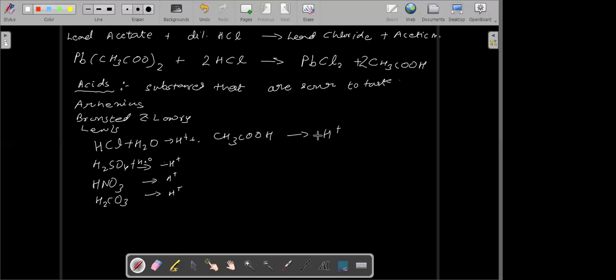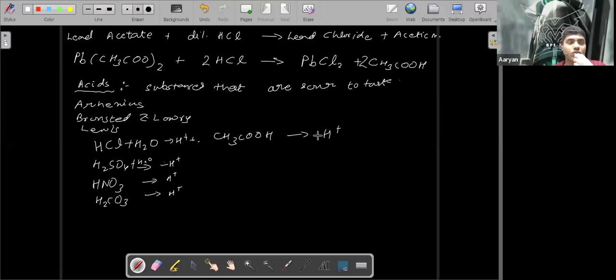We classify these acids either as organic acids or mineral acids. So what are mineral acids? Sir, they are partially ionized. Which one?